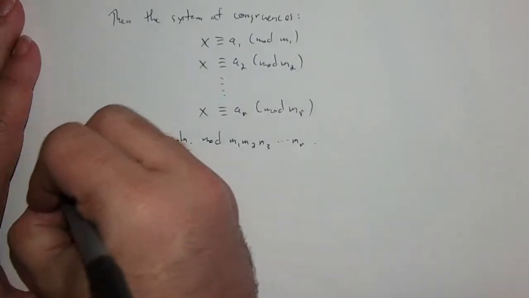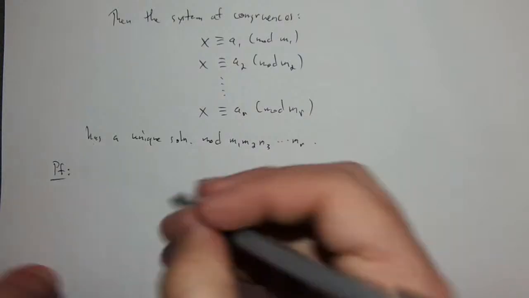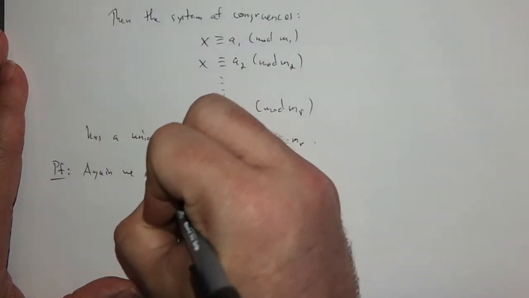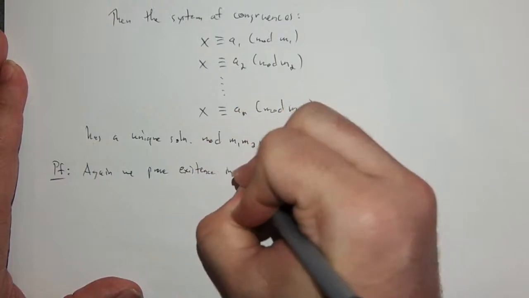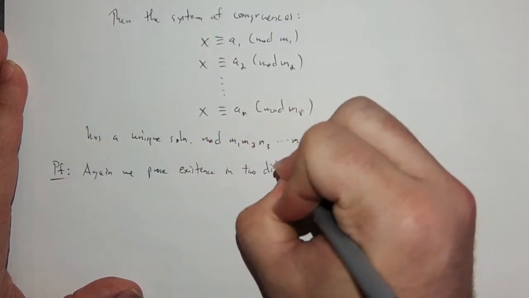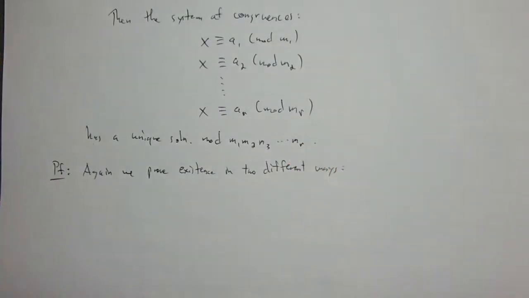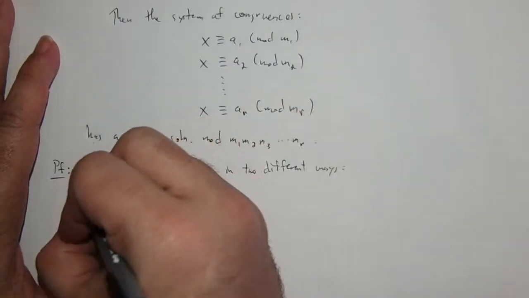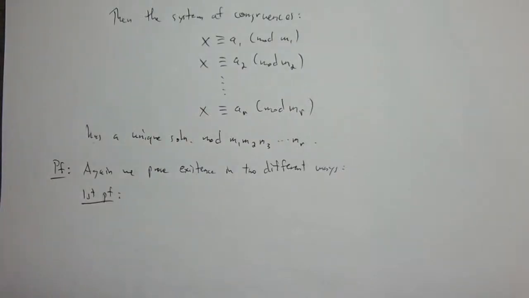Let's go through the proof of this. So proof, again, we prove existence in two different ways. Okay. So first proof is the following.